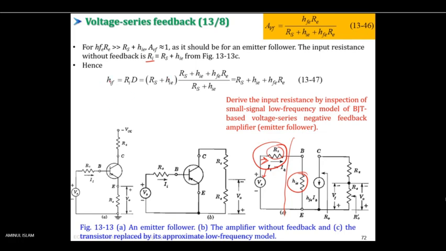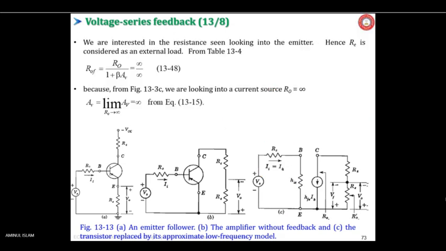And if you consider feedback also, then HIF equals Ri into D, which ultimately gives, putting the value of D, Rs plus Hi plus HFE Re. HFE Re is getting added to the value.